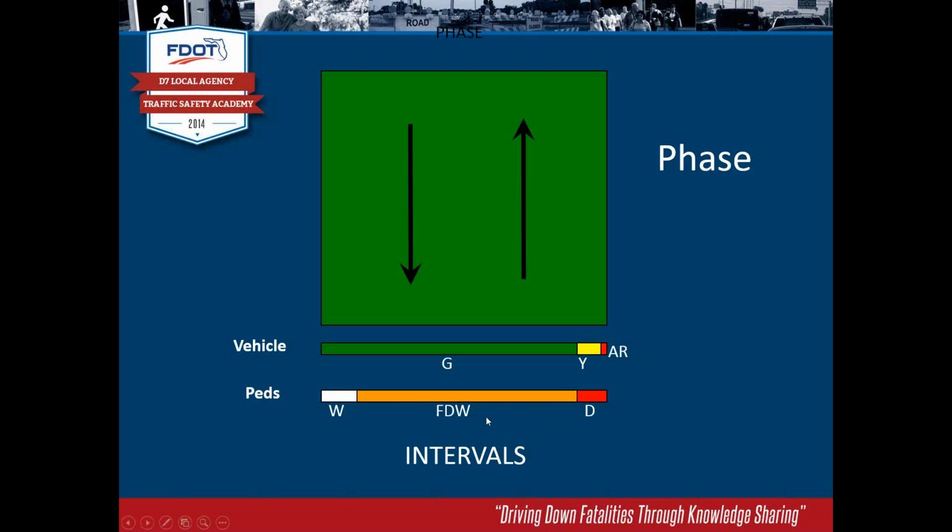At the end of the pedestrian clearance time there is a steady don't walk period that typically coincides with the yellow and all red. So these things at the bottom, the green, yellow, all red for the vehicles, the walk, flashing don't walk, and steady don't walk for the pedestrians, those intervals make up the phase.